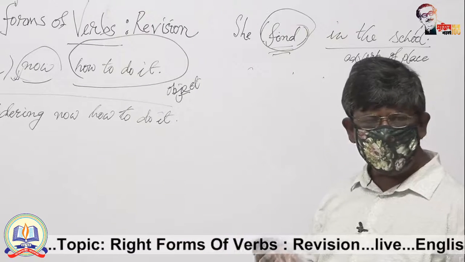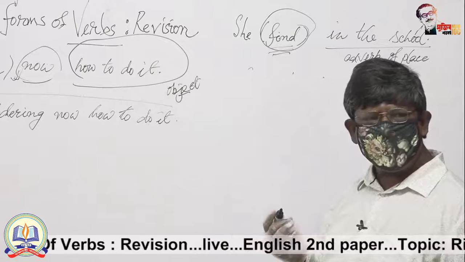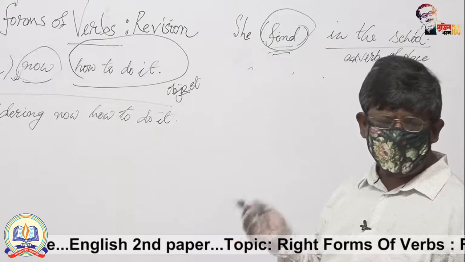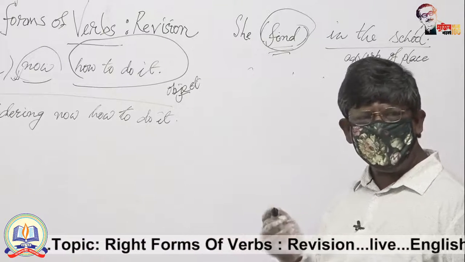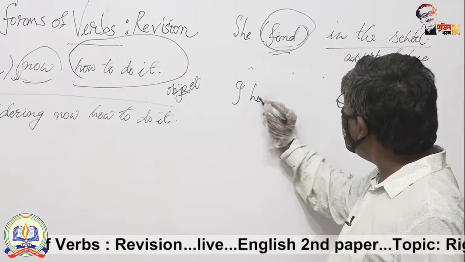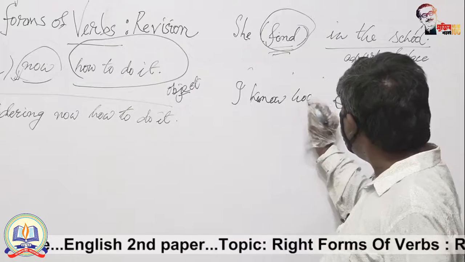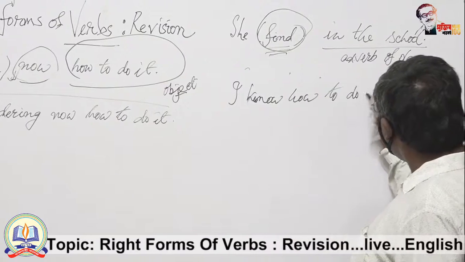I know how to do it. Here how to do it functions as the object of the finite verb know. Therefore, you can use the finite verb know in this sentence. I know how to do it.